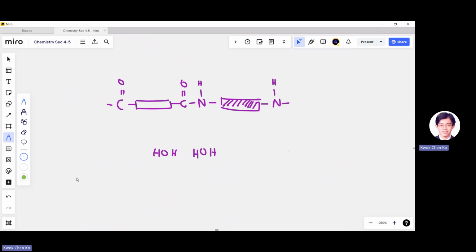One, because you need to repeat this entire chunk. Because this chunk and this chunk are different. Don't forget to put the square brackets at the end.